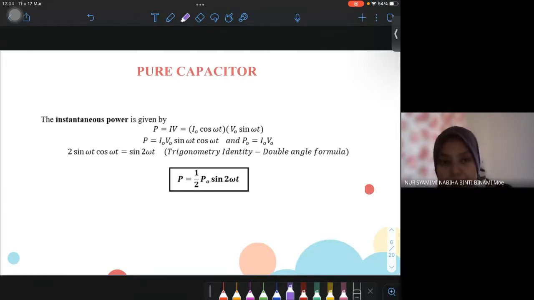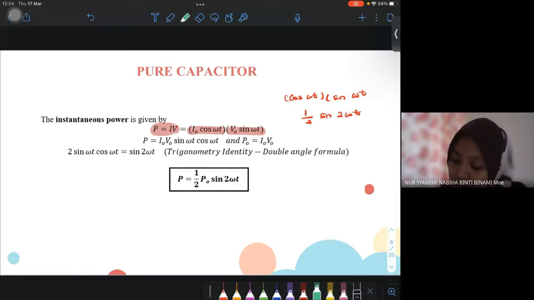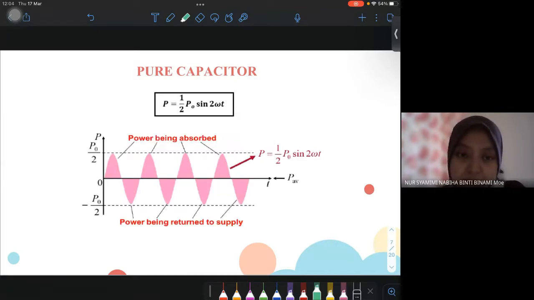Untuk pure capacitor, sama juga. P is equals to IV. Tetapi I kita ialah I naught cos omega T. V ialah V naught sin omega T. So kalau you darabkan identity cos omega T times sin omega T, kita akan dapat 1 over 2 sin 2 omega T. Disebabkan itu kita dapat this equation P equals to half P naught sin 2 omega T. So disebabkan dia ialah masih positive sign, graf yang kita akan dapat ialah still sine graph.